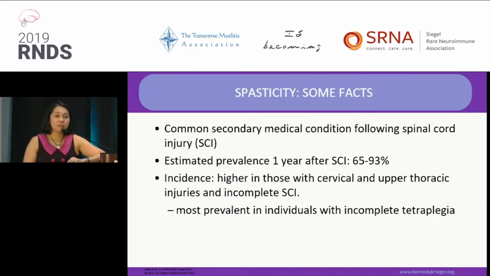It is estimated that 1 year after you get a spinal cord injury, its prevalence is between 65 to 93%. So it's a big chunk of people that can get spasticity. Usually, the incidence is higher in those with cervical and upper thoracic injuries and those who have an incomplete spinal cord injury. And it's really more prevalent in those with incomplete tetraplegia.